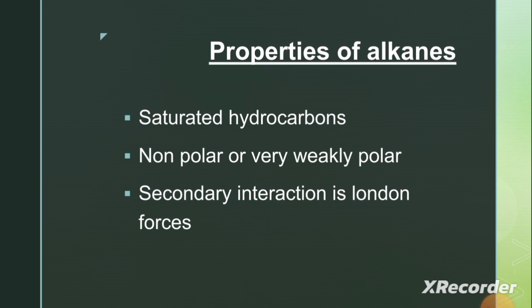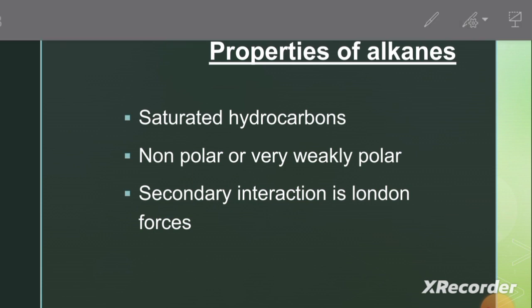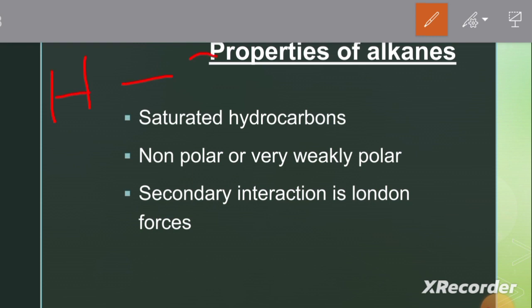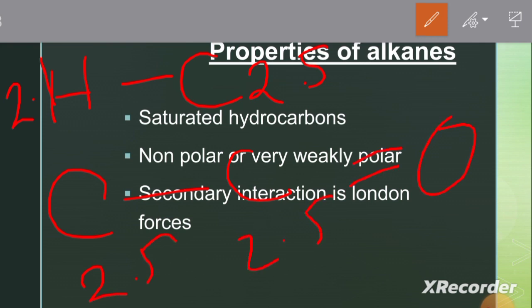And then they are non-polar or very weakly polar. Alkane is a hydrocarbon. So in a hydrocarbon, in most cases, hydrogen-carbon and carbon-carbon bonds are there. Hydrogen has an electronegativity value of 2.1 and carbon has 2.5. So here 2.5, 2.5, the electronegativity difference is 0.